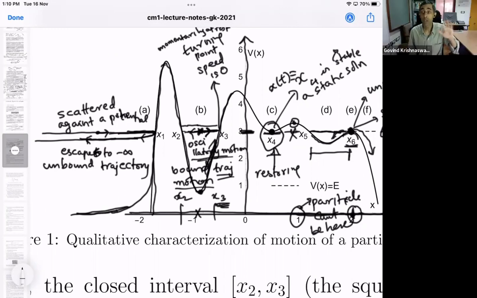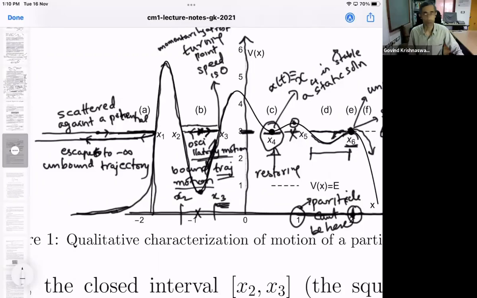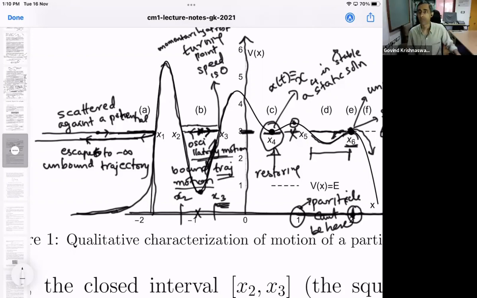Yeah, energy is always constant. Energy is conserved. So then the kinetic energy becomes constant, and the derivative of the kinetic energy becomes 0. But the derivative of kinetic energy is, oh no, it's velocity times acceleration. That's my bad. Okay, that's fine.